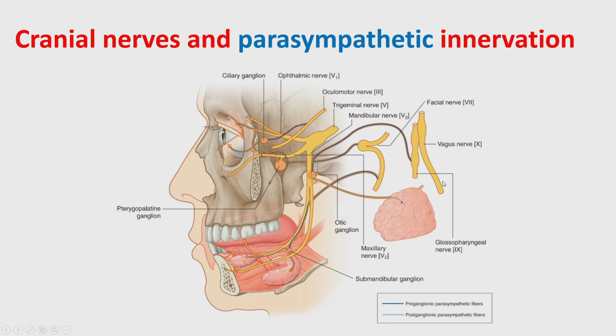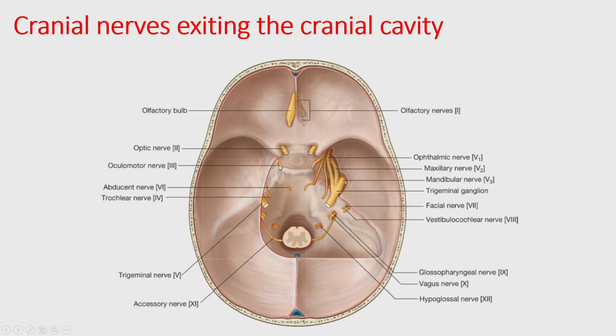Those are the 4 nerves containing parasympathetic fibers, and we are going to discuss how they connect with the 4 parasympathetic ganglia: the ciliary ganglion, otic ganglion, submandibular ganglion, and pterygopalatine ganglion.